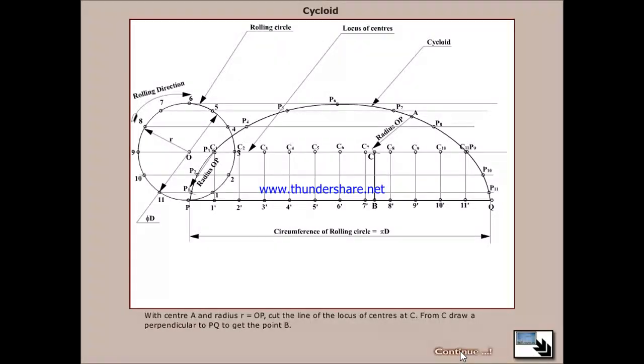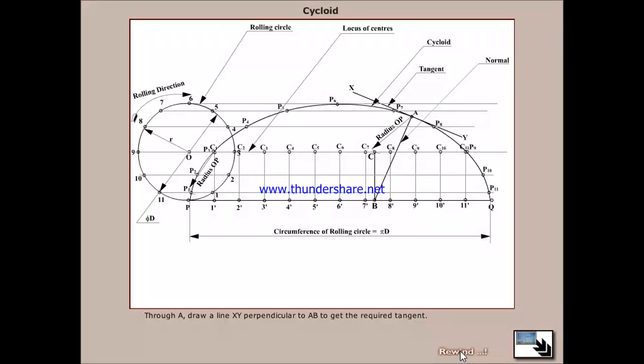With center A and radius R equal to OP, cut the line of the locus of centers at C. From C, draw a perpendicular to PQ to get the point B. Connect AB and extend it, which will be the normal. Now, through A, draw a line XY perpendicular to AB to get the required tangent.